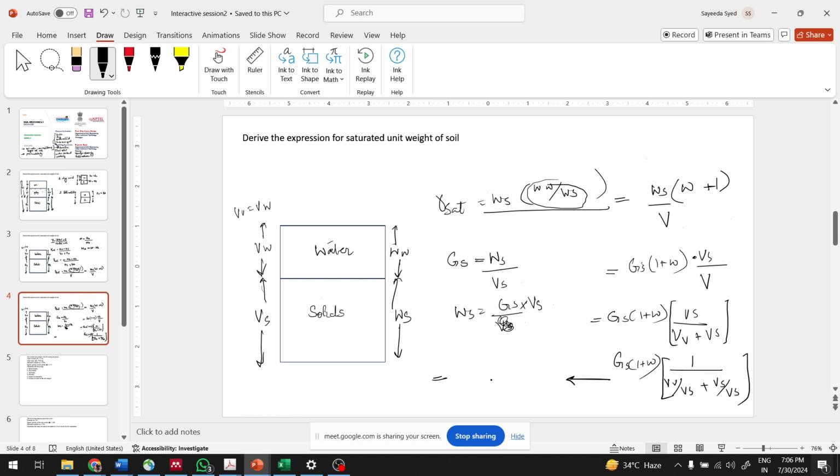So this will give us Gs 1 plus W saturated over e plus 1.